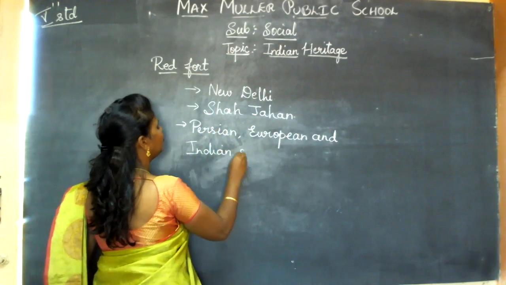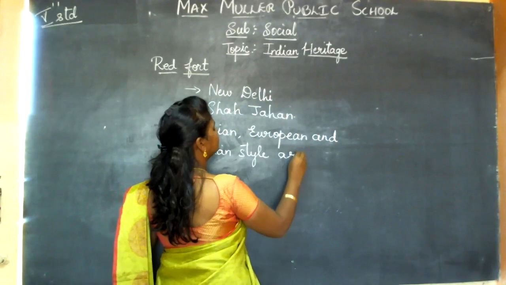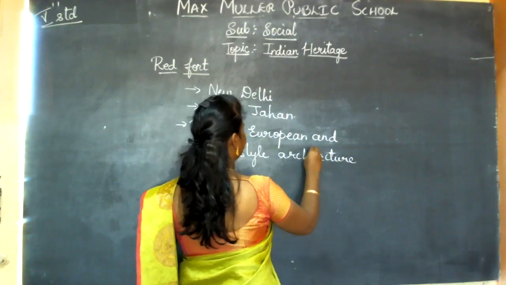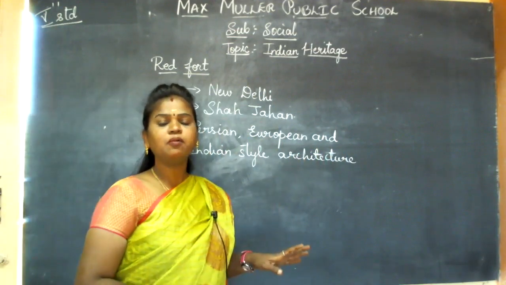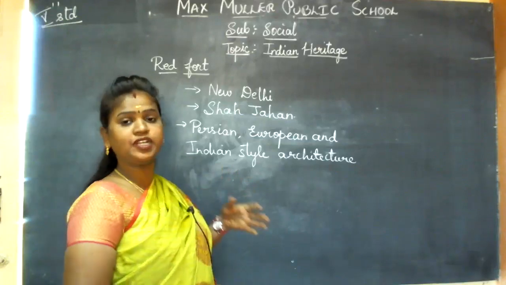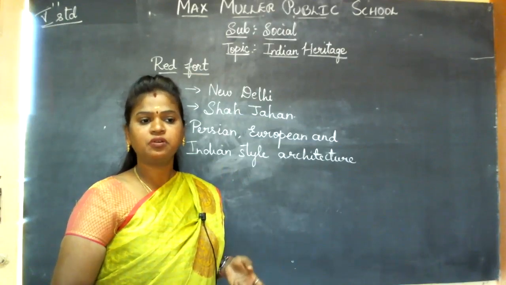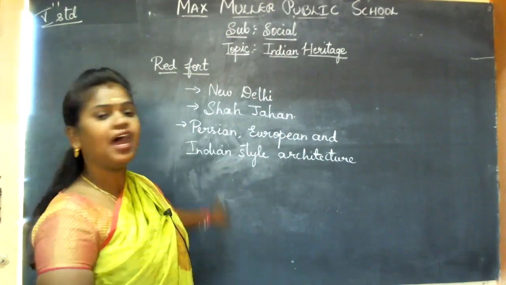It was built in the form of Persian, European and Indian style architecture. Okay, children, so in which type of style was it built? It was built in the form of Persian, European and Indian style architecture.